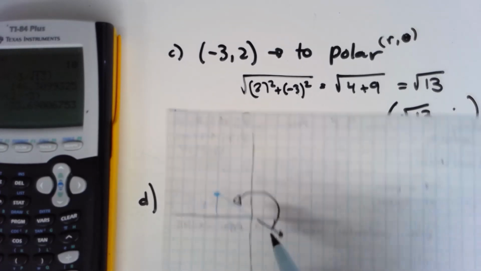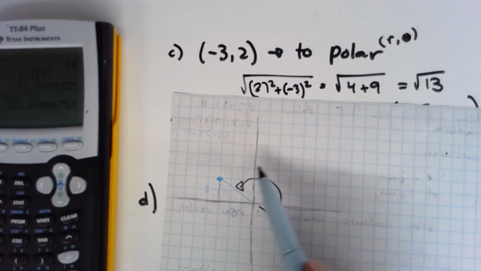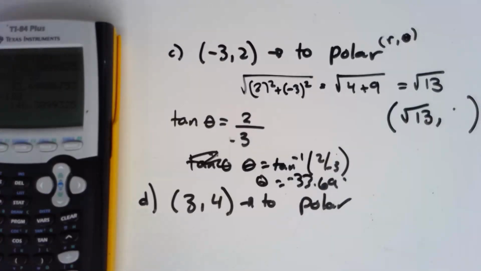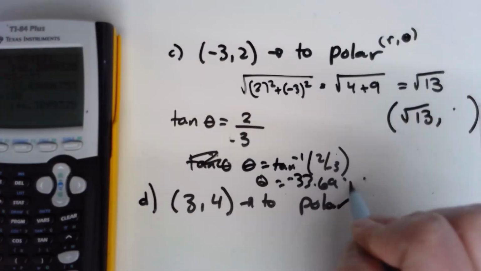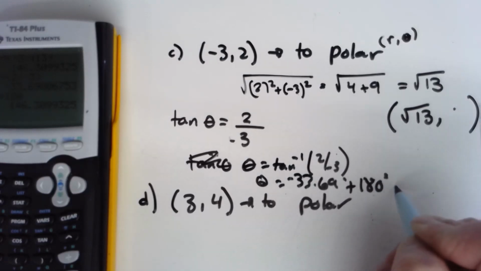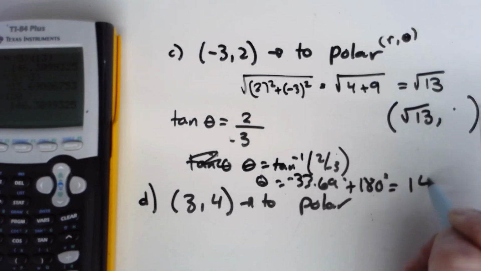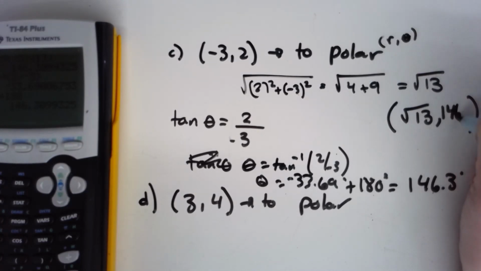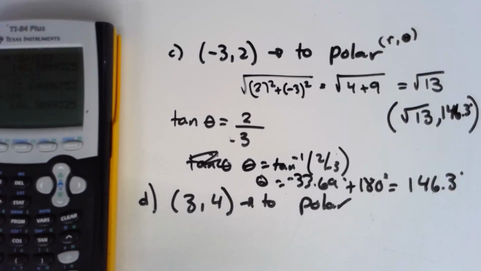It's 180 degrees away because tangent has a period of pi. So if I add 180 degrees, I am going to get theta. So I'm going to add 180 degrees to get 146.3 degrees.